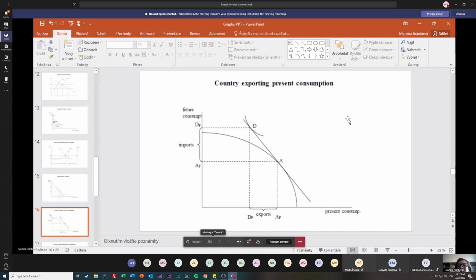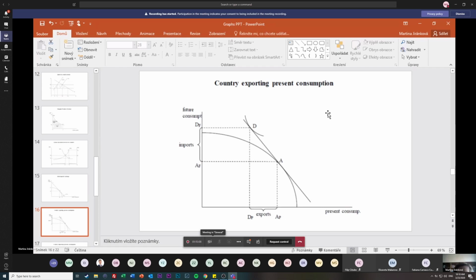But there is again the point D in comparison with the A. There is the demand different for present and future consumption. The point D, its name is D because it means demand. It's not just what the country is able to do, the point D is demand for present and future consumption.